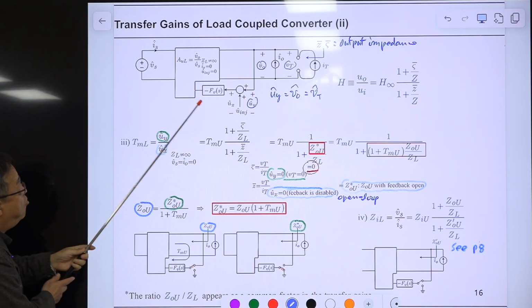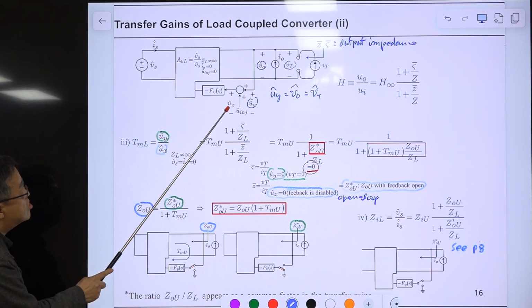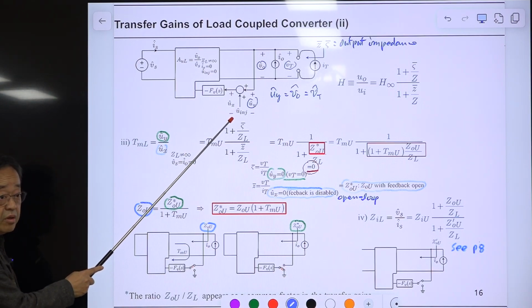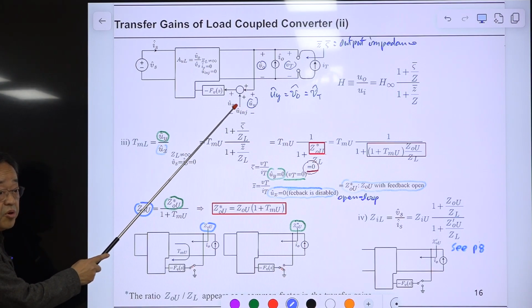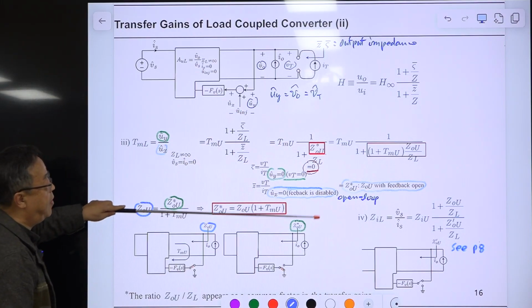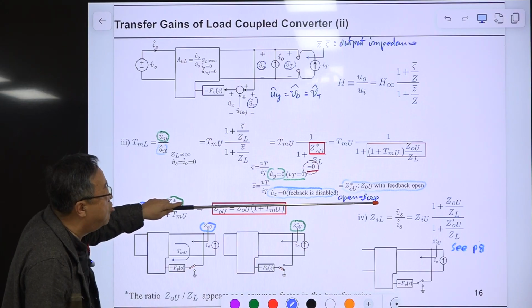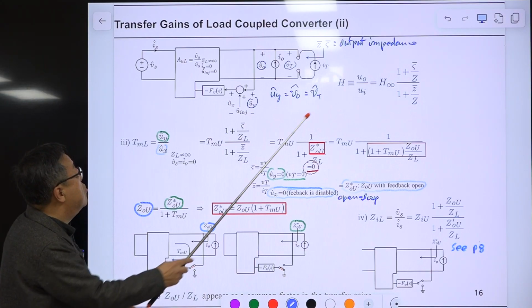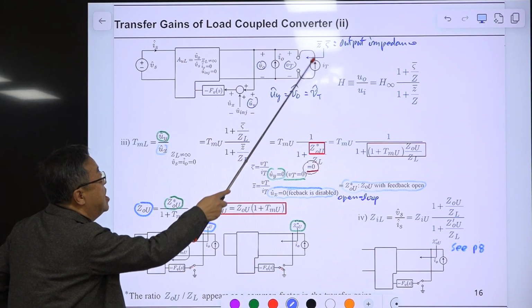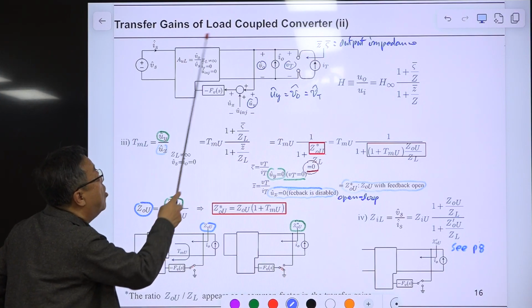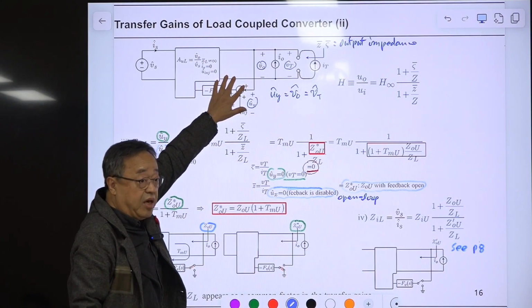So Vx is 0. This means what? This is 0. What situation will that happen? Feedback is open. So this feedback is disabled, or this is the open loop. So we are seeing the output impedance of this converter with the feedback open.